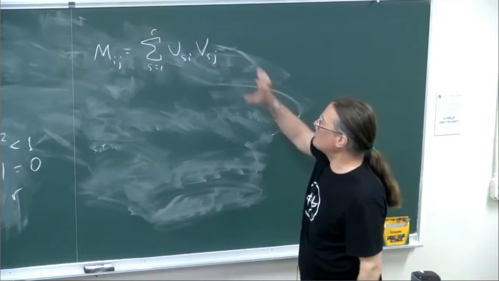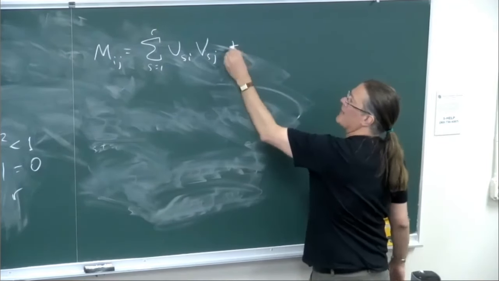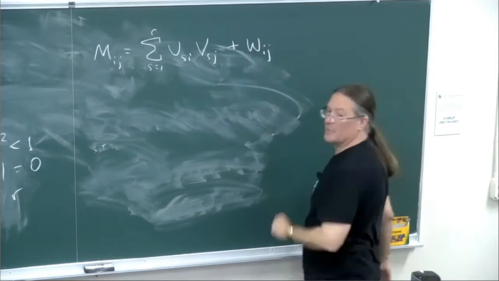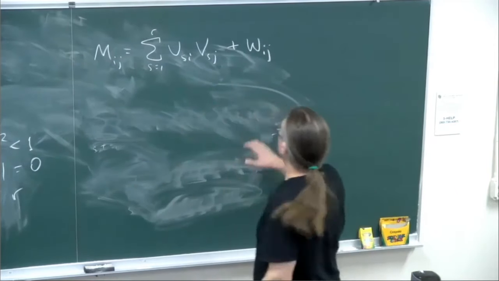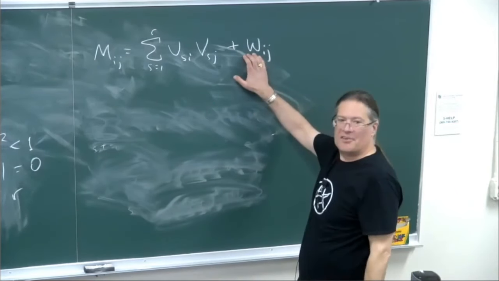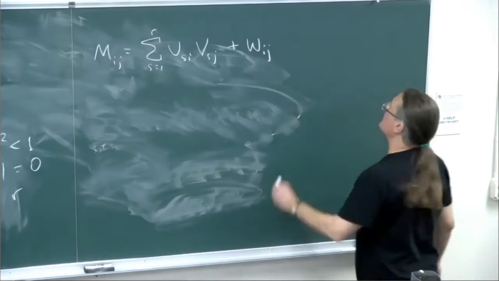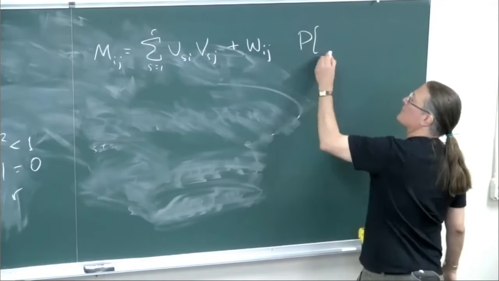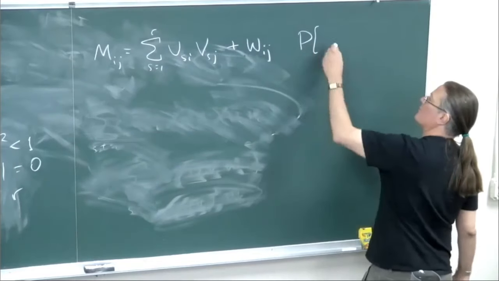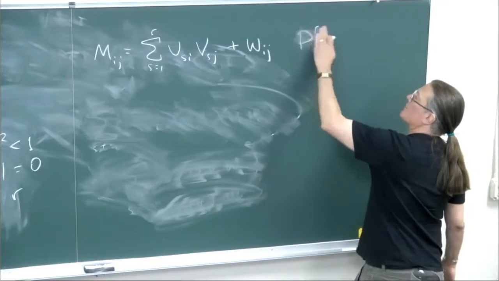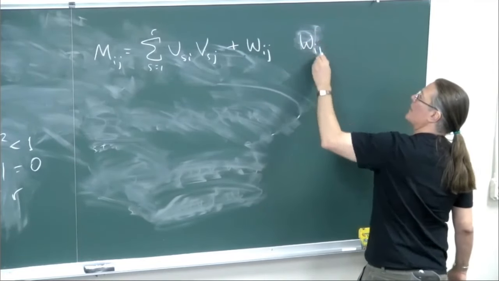This is a rank R matrix, but then I've added some noise, W_ij. Well, if this noise is Gaussian, okay, so let's say that I believe that these entries are independently distributed, and here, let me write it like this, if you don't mind.